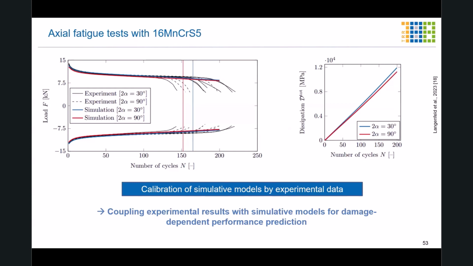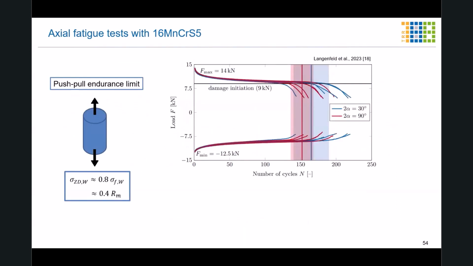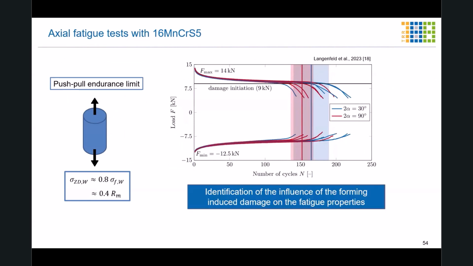Also, this test data was used to calibrate a simulative model to predict the fatigue performance regarding the initial forming-induced ductile damage. In this case, we tried to couple the experimental results with simulative models for the damage-dependent performance prediction. And regarding this, we saw that the influence of the forming-induced damage on the fatigue properties is clearly given and significant.